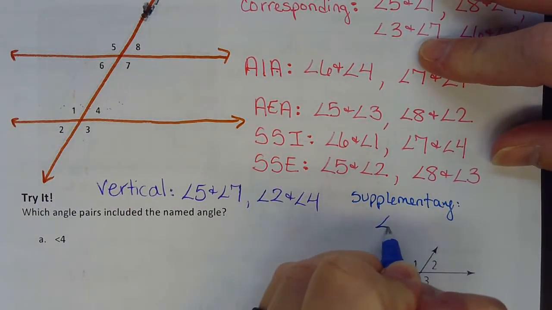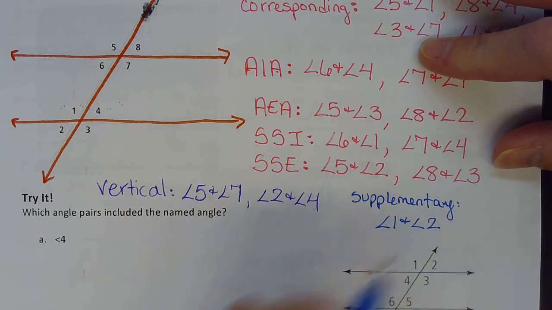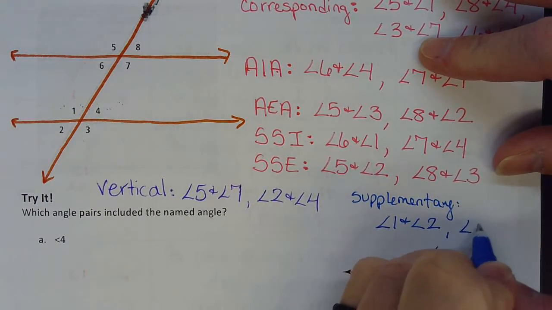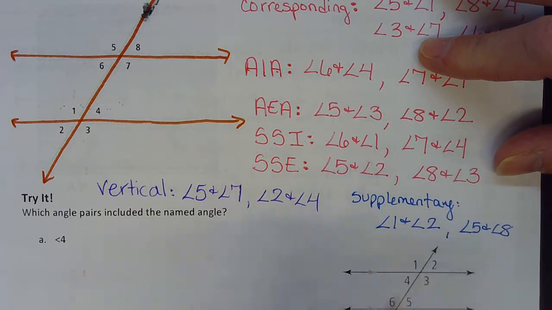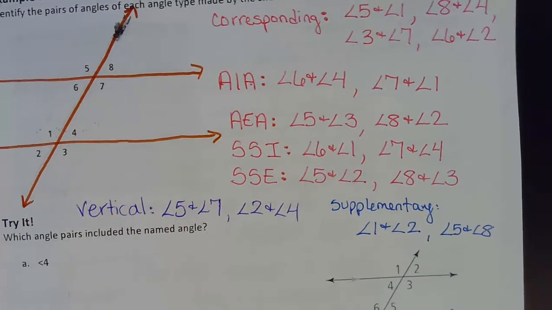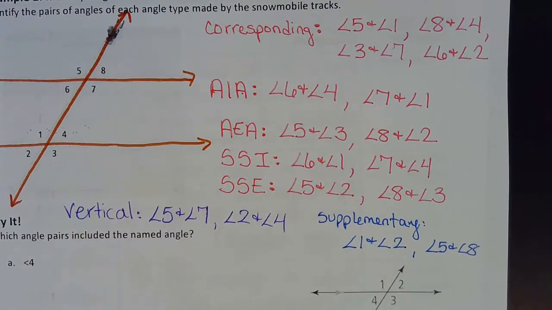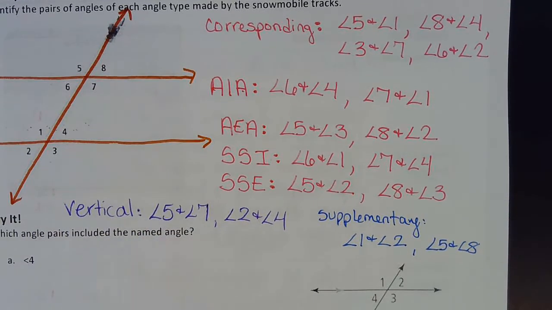So it could be angle 1 and angle 2. It could be angle 5 and angle 8. There are a ton of them. I'm not going to list them all out. But vertical and supplementary, they're not going away anytime soon. They just keep popping back up here and there. And vertical angles will be your best friend, I think, tomorrow because you're going to feel a little bit more comfy with them when we start getting into angle measures.